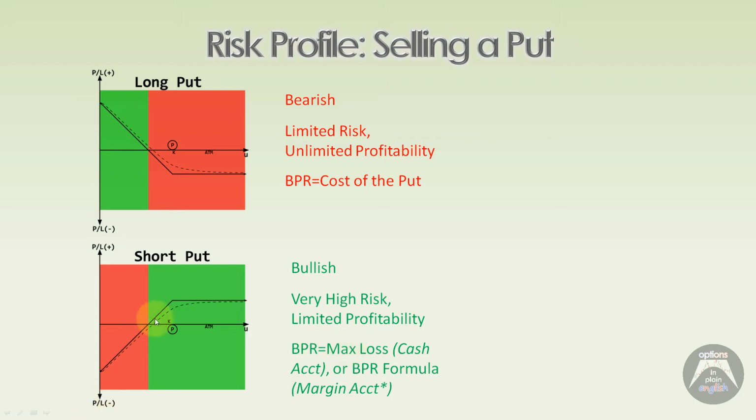So, for example, if you were short the $100 put, one contract covering 100 shares, you would need to have $10,000. So 100 times 100, which is the max loss that you could take here, because it can go to zero. So a single put is going to require you to have $10,000 to carry that position.